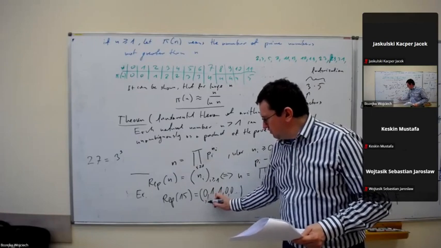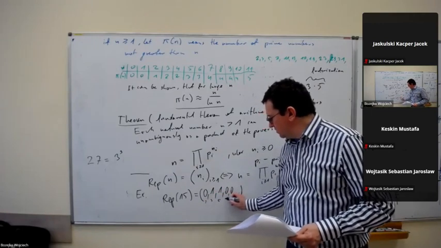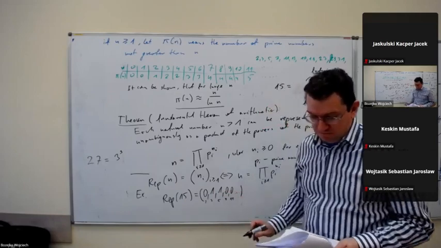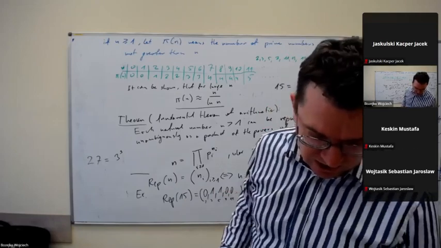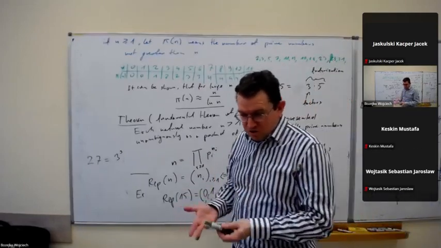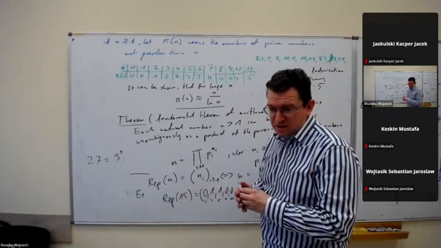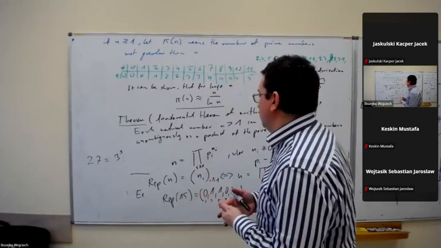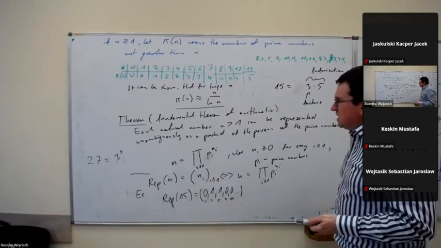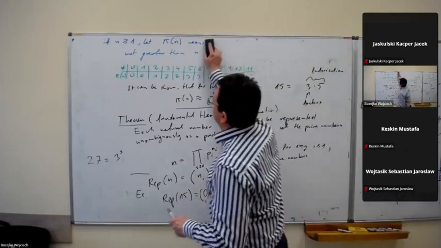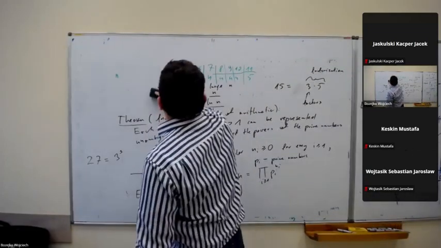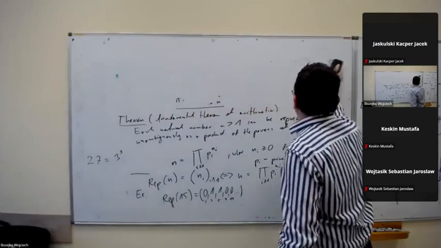This is 2 to the power of 0, this is 3, this is 5, this is 7, this is 11, and so on. So, in fact, it is enough to write only the powers of prime numbers to represent any number. It can be useful because, of course, another question is how to obtain these factors.